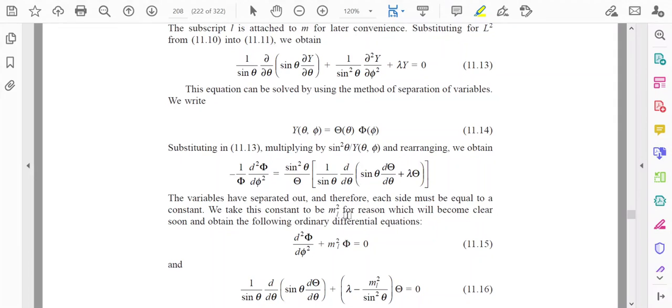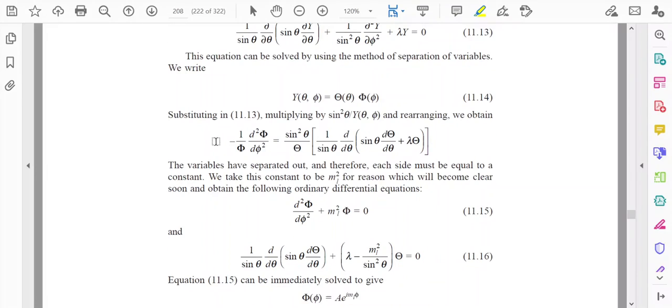Why we are taking ml square will become clear later. So we assume that the constant is ml square. Both sides are equal to the constant ml square. That is, we can write minus 1 by capital Phi d square capital Phi by d small phi square is equal to ml square.